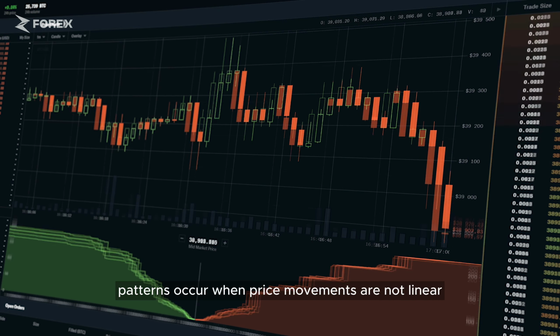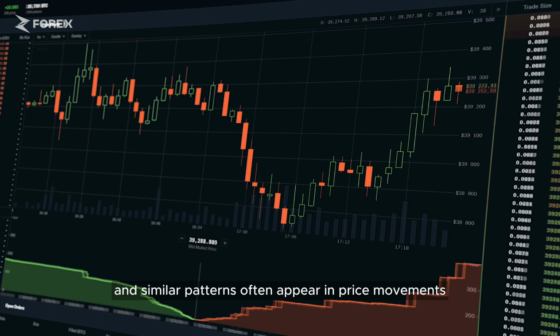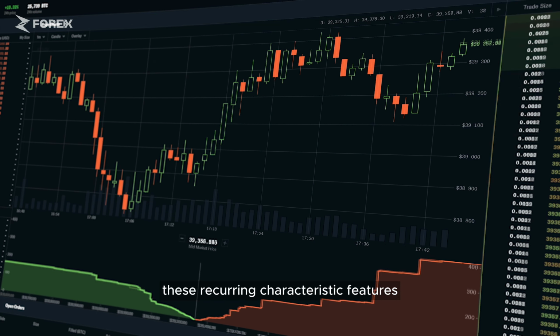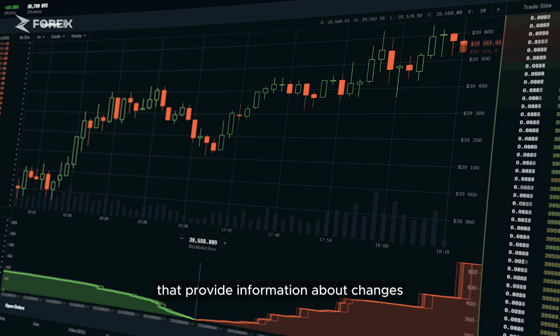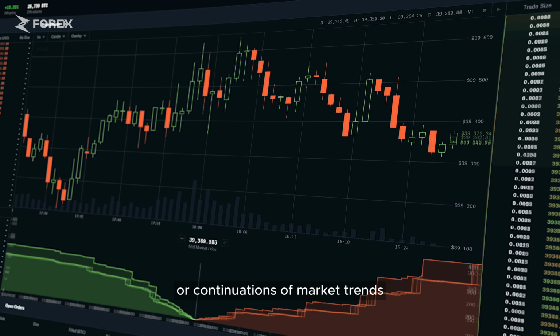Patterns occur when price movements are not linear, and similar patterns often appear in price movements. These recurring characteristic features can be displayed in certain shapes that provide information about changes or continuations of market trends.